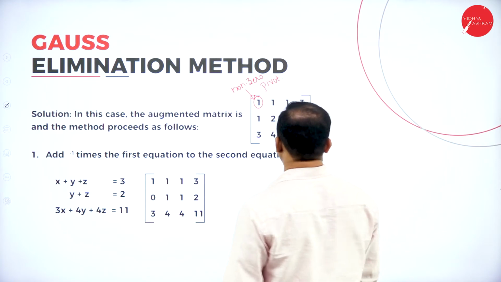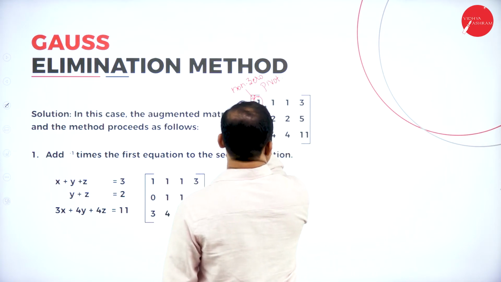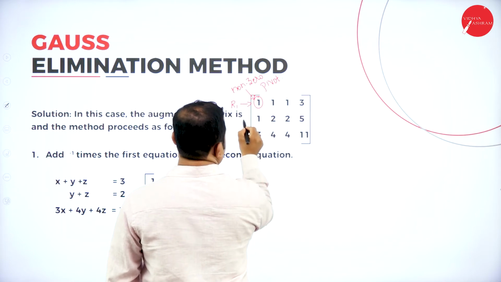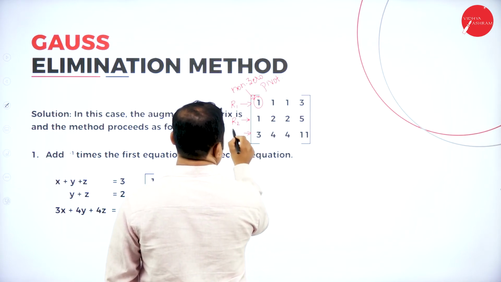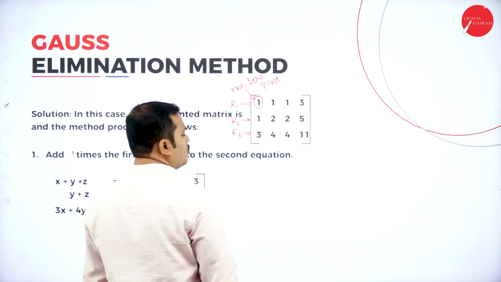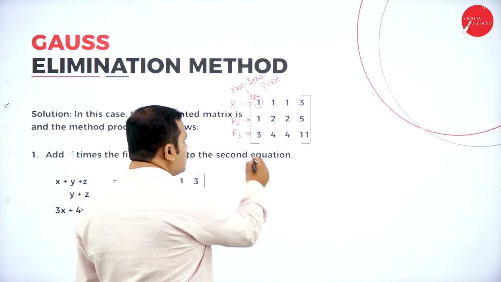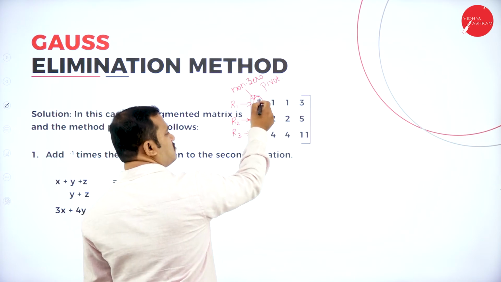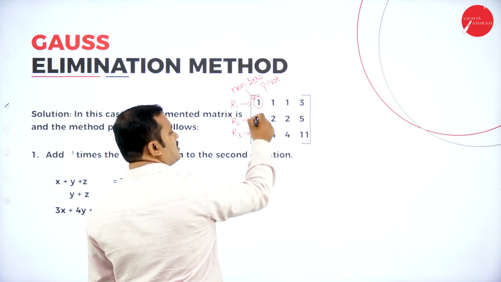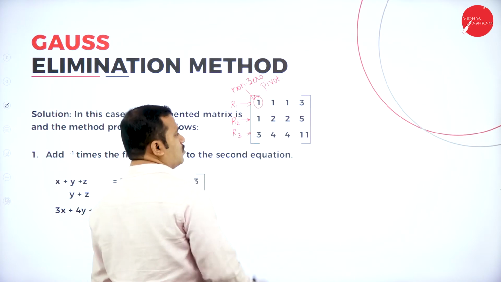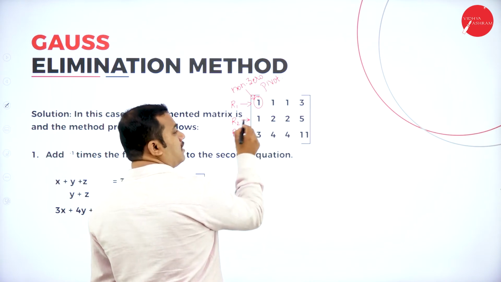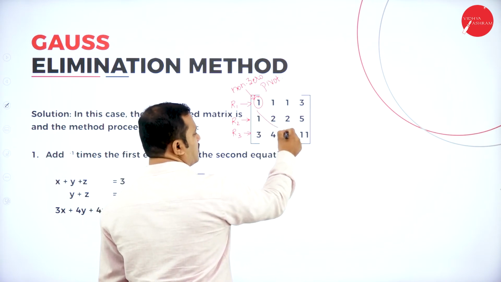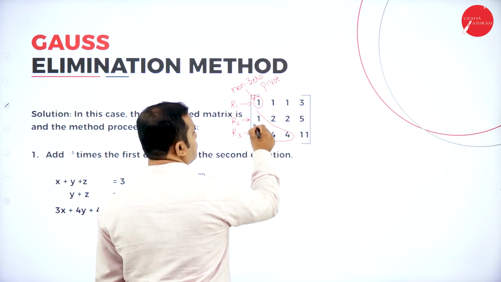If I consider the first row, that is R1, then R2, then R3, we have these rows here. The very first row, that is 1, multiplied by 3, makes this element 0. But which is the lower triangular matrix element I want to make 0?